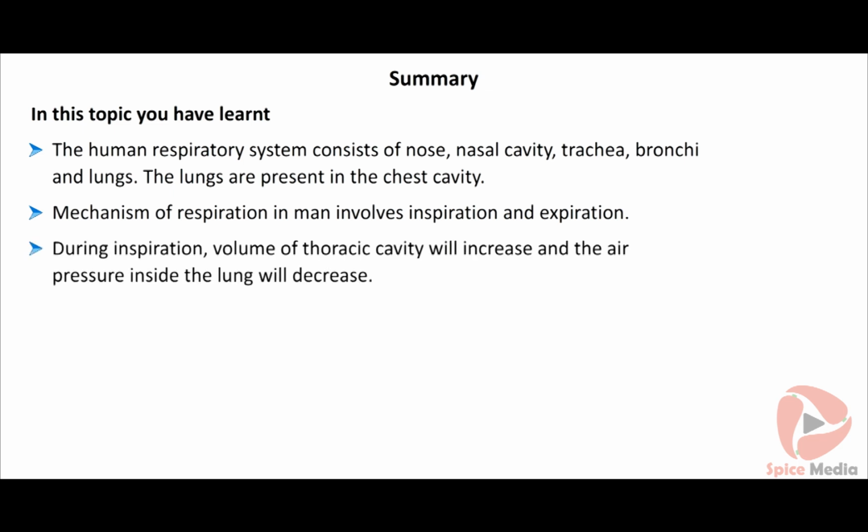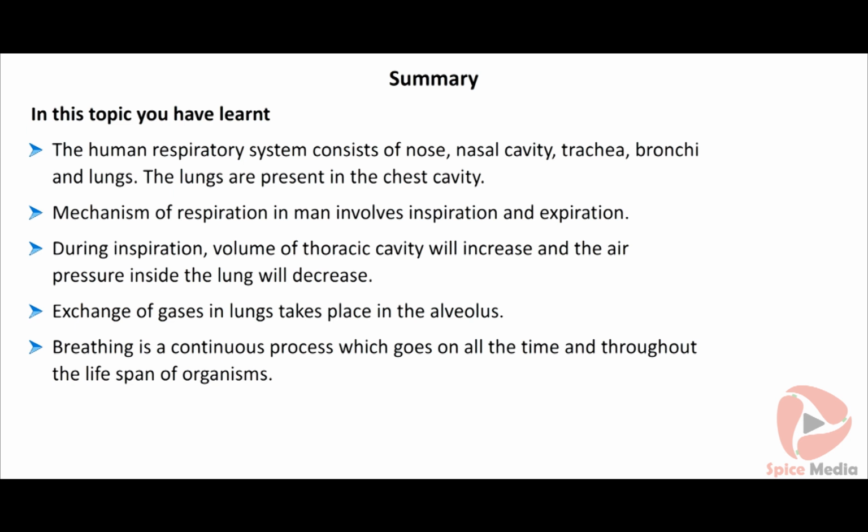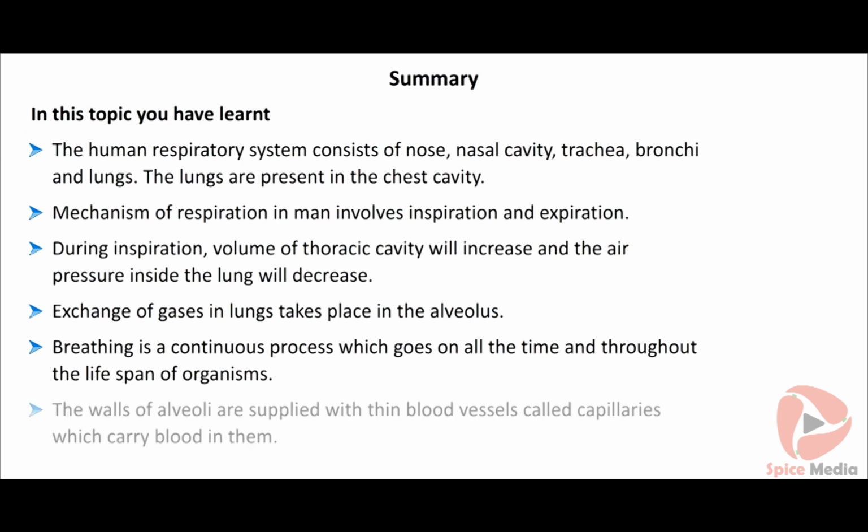During inspiration, volume of thoracic cavity will increase and the air pressure inside the lung will decrease. Exchange of gases in lungs takes place in the alveolus. Breathing is a continuous process which goes on all the time and throughout the lifespan of organisms. The walls of alveoli are supplied with thin blood vessels called capillaries which carry blood in them.